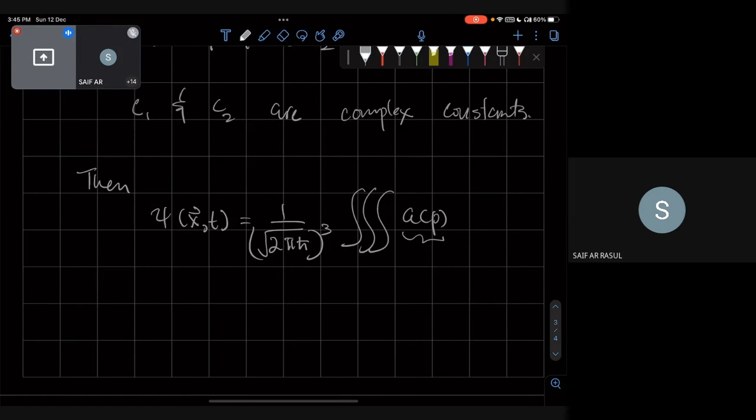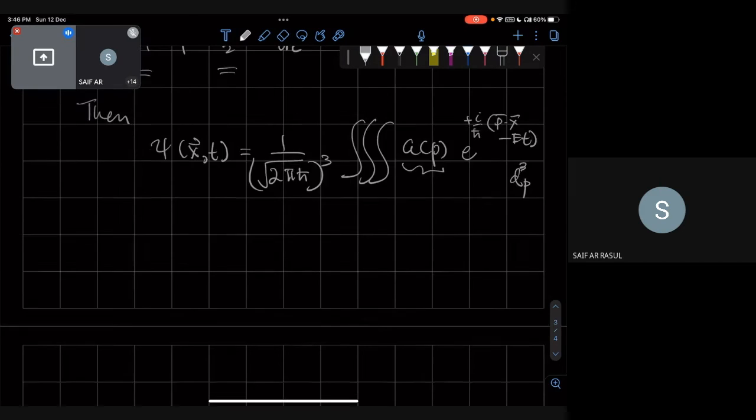So these are the coefficients of the linear combination, analogous to C1 and C2. So we use Fourier analysis to express our wave function. Okay, so this was number 2.